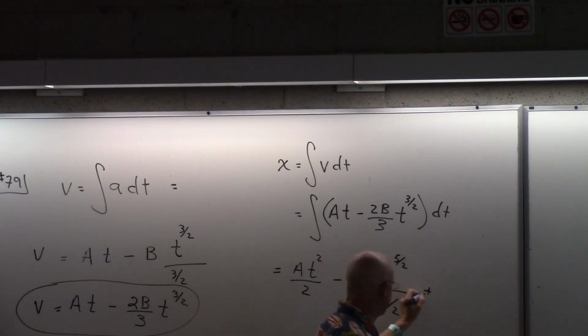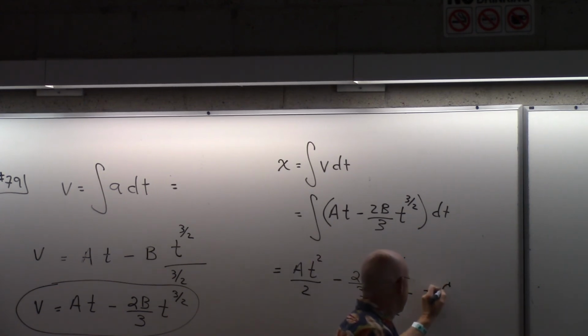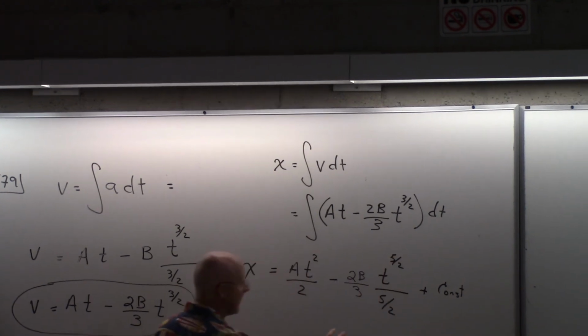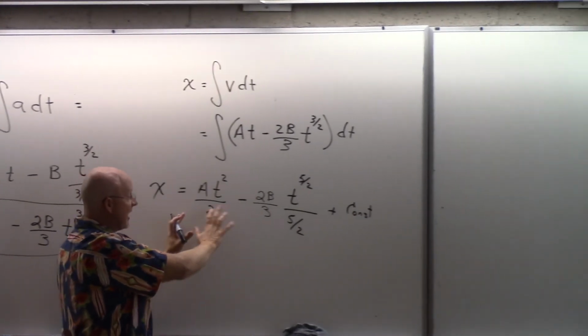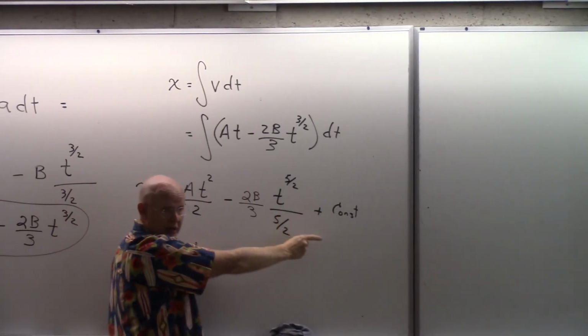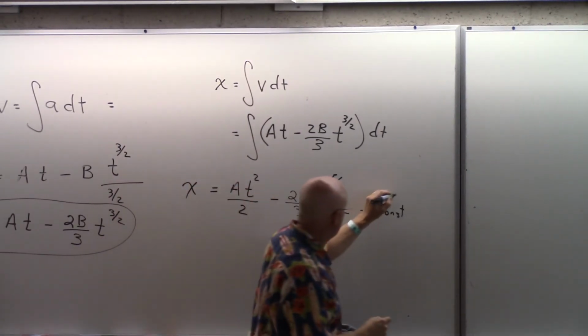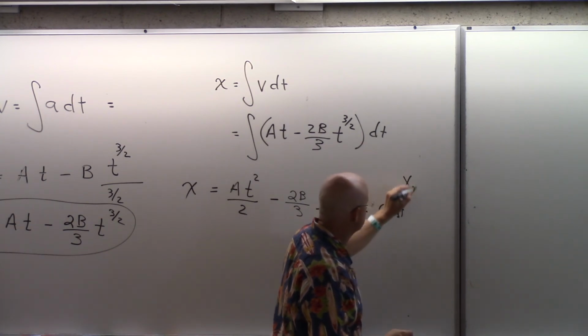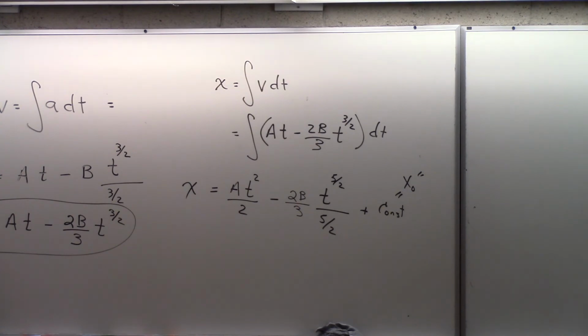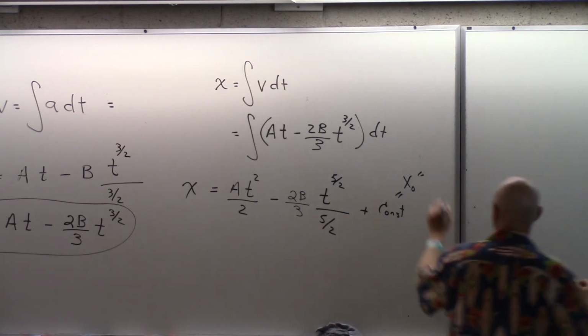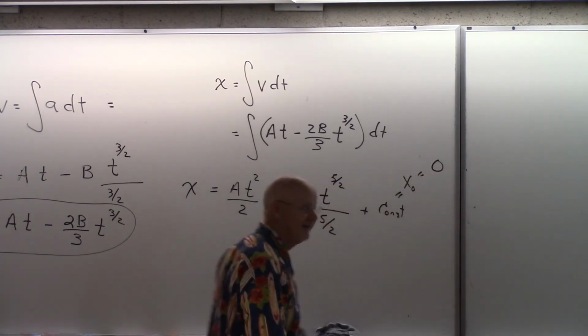And then let me not forget, you would add what? Constants. Then you would step back and say, let's interpret that constant. And you can see if time equals 0, the position would be that constant. So we could call this x naught. But also in the problem they said it starts at position 0. So it would have a value of 0.